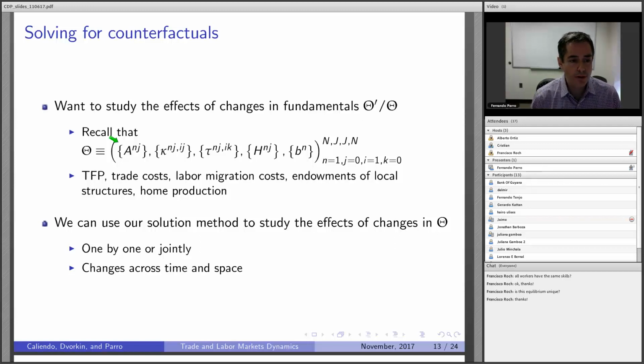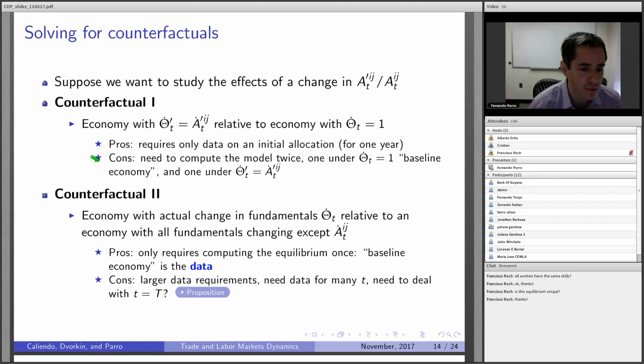So we want to use the model and our solution method to study the effects of changes in fundamentals. Okay, so we want to study what the new equilibrium allocations in the model are when there is a change in this set theta. So for instance, the productivities in China, or trade costs, or migration costs, etc. So in the case of our application, we are going to study the effects of changes in the manufacturing sectors in China.